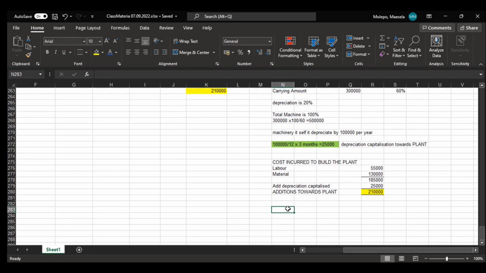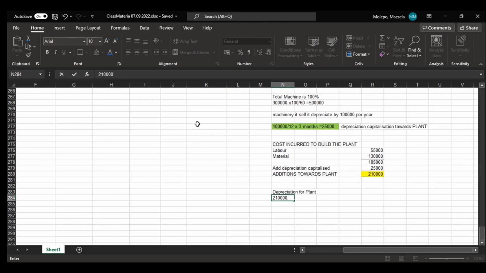So now we're going to calculate depreciation towards the plant. Depreciation for plant will be the 210 that we have. They said the plant is depreciated at 20% on a straight line. Times 20%. Then it's going to be 2 months.